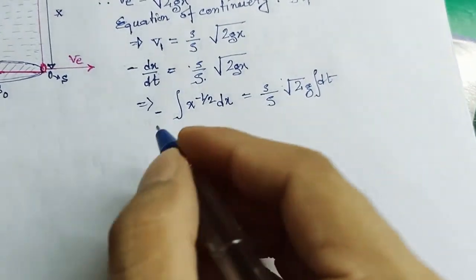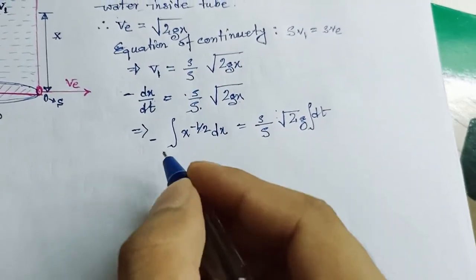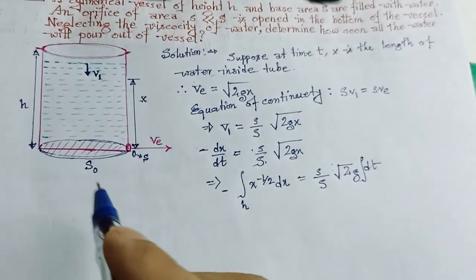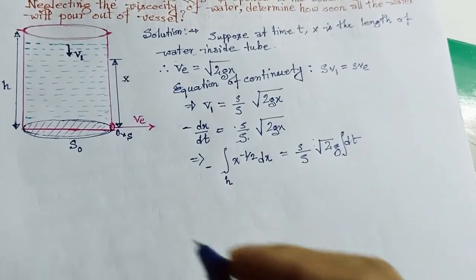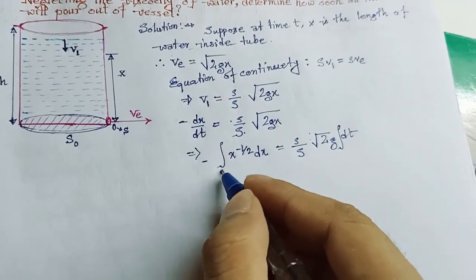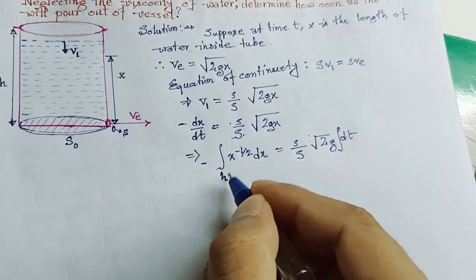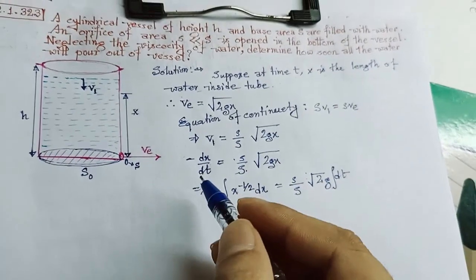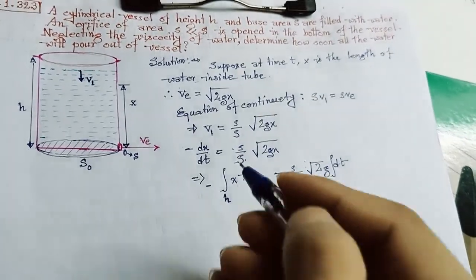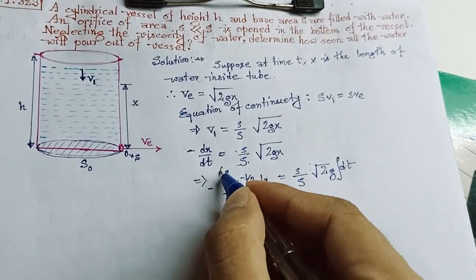Now the limit of x will start from h, because h is the total height of the liquid column. So our lower limit will be h, and the upper limit is the ultimate or final level height of the liquid column.